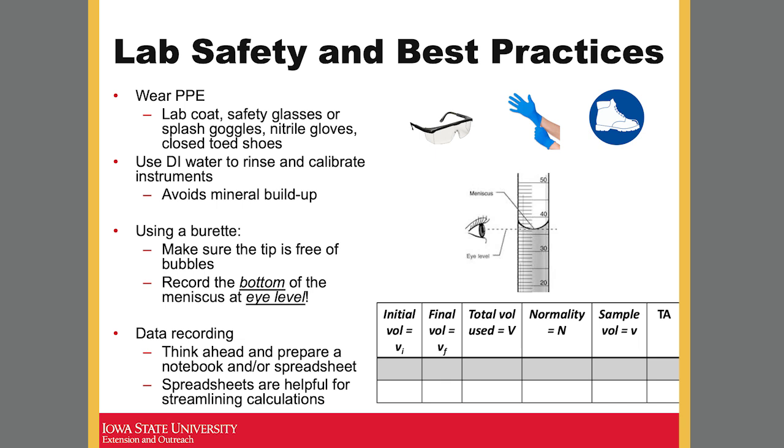If you don't wear any PPE, you might get some sodium hydroxide on your hands, and then if you touch your eyes, you're going to have sodium hydroxide in your eyes, which is really damaging. That can be pretty bad. So feel free to wear gloves if you have them. Make sure you have closed-toe shoes and long pants, making sure all your skin is protected.